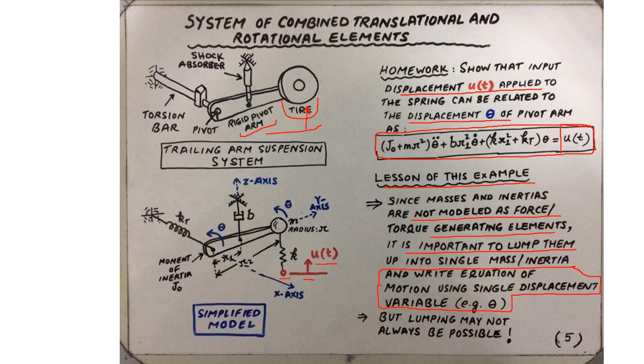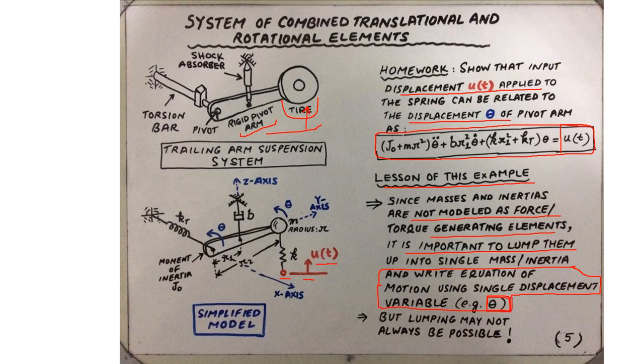Because both displacements could be specified with the help of the same displacement variable theta. In fact, it is exactly the same for both the mass and the pivot arm. Therefore, the lumping was really helpful.